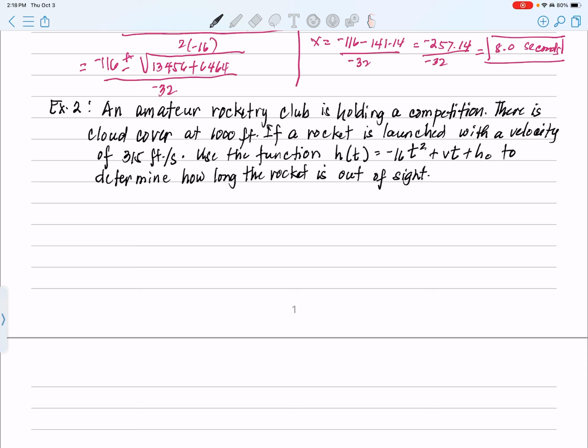Let's try to imagine, say I have to make a short sketch here. So I'll try to sketch what's going on. Let's say this is the path of the rocket when it traveled.